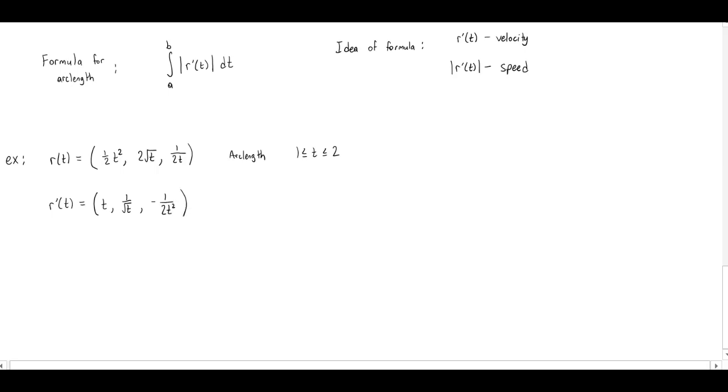Good. And we need the magnitude of the derivative vector. Remember that the magnitude is the square root of x squared plus y squared plus z squared. Here, x squared would be t squared. y squared is going to be 1 over t. And then z squared is going to be 1 over 4t to the 4th power.